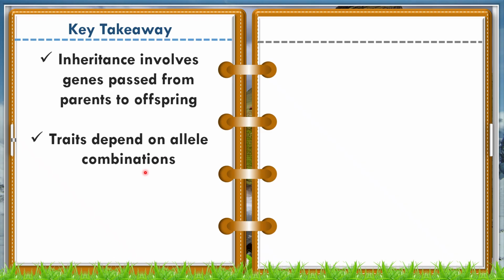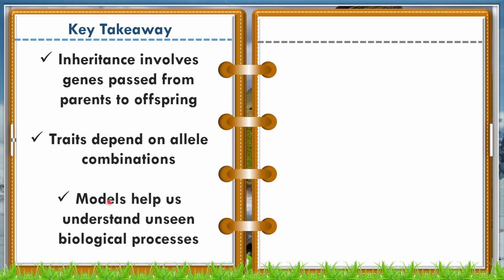The trait observed in the offspring will depend on the allele combination from the parents. The models help us understand unseen biological processes. So when we are using beads, we are seeing unseen biological processes like genes during meiosis segregating and then combining, forming gametes and so on, and forming offspring.